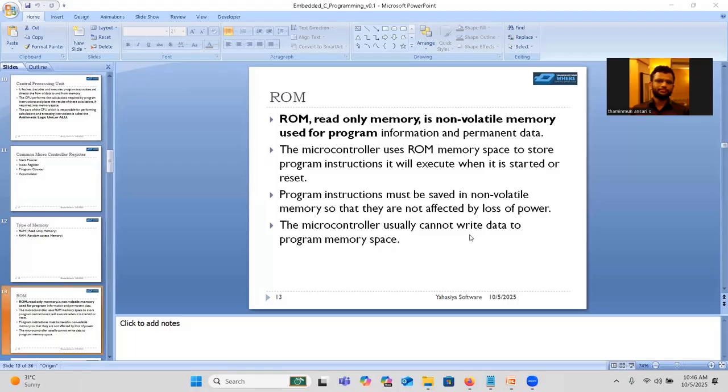Only at that time do we write. In most cases, for a small product, they are programmed only once and used forever. They won't touch the program memory at all. This is the case in an embedded system. If there is a requirement to reprogram, it is also possible to reprogram the memory using the respective methods.